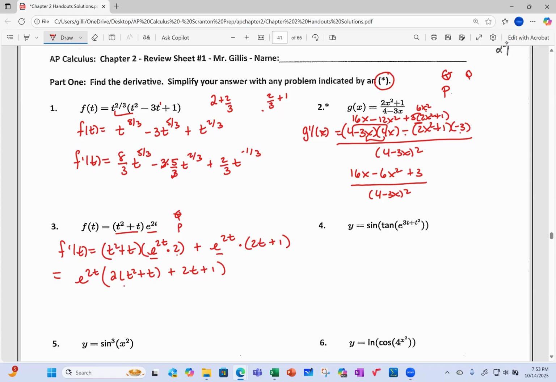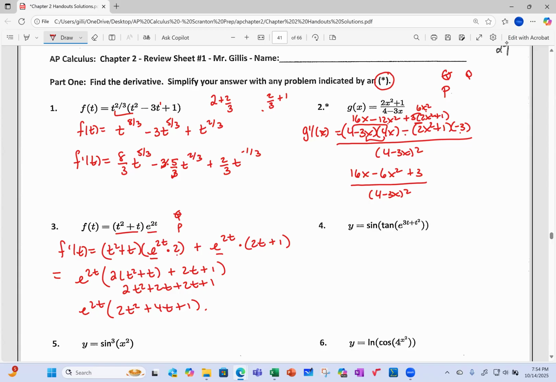I'll distribute on the inside to get 2t squared plus 2t. And then just continue cleaning that up to give me 2t squared plus 4t plus 1. Again, just something very helpful to clean up. Factoring or getting a common denominator is how we clean up any derivative.